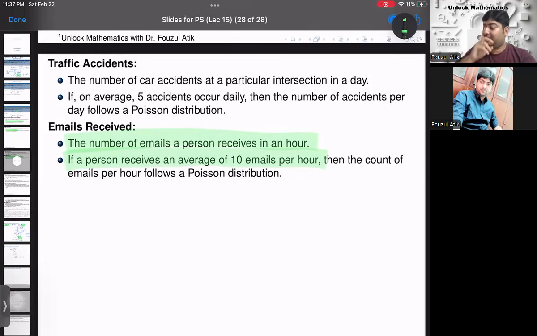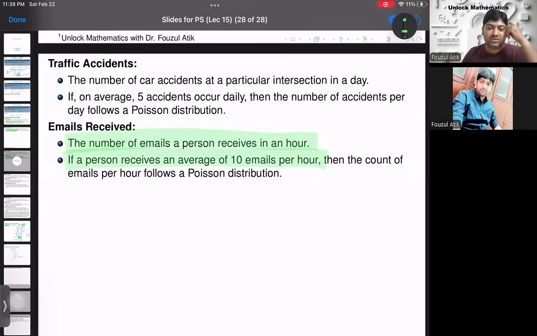So whenever we have a distribution where the number of trials may be very large, or the probability of success may be very small, and you only know the expected value, you only know the average value, in this case you will use the Poisson random variable.